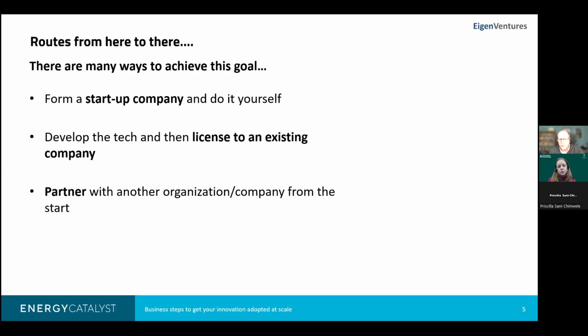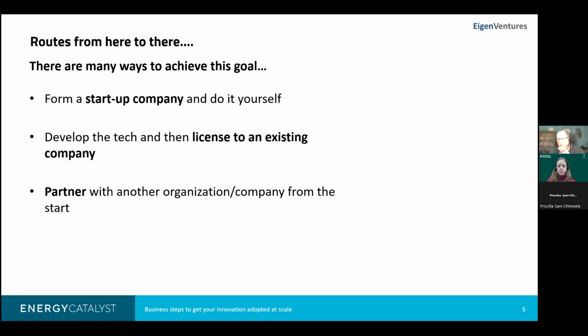You could partner with another organization, another company from the very start, through the university, through your own company, through other partners. And again, you're relying on other people's money, expertise, contacts, etc., to help you get it done.